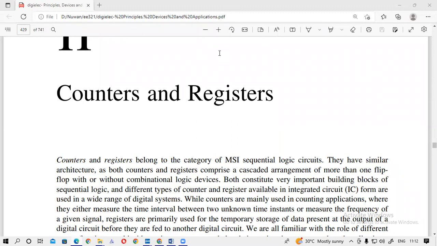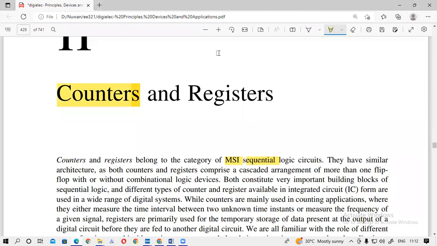So still we are in the counters part, no? Counters. Okay. And we already discussed that those are MSI sequential logic circuits.